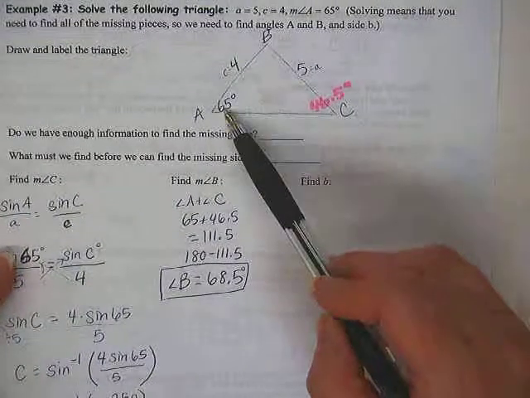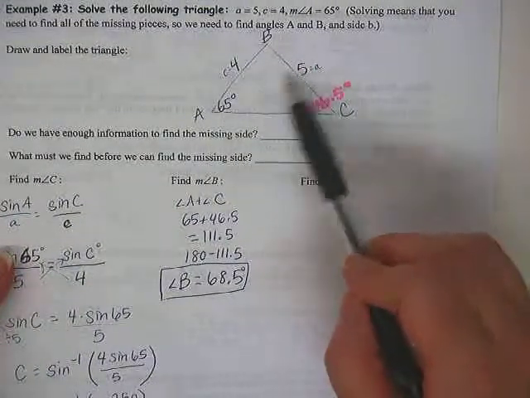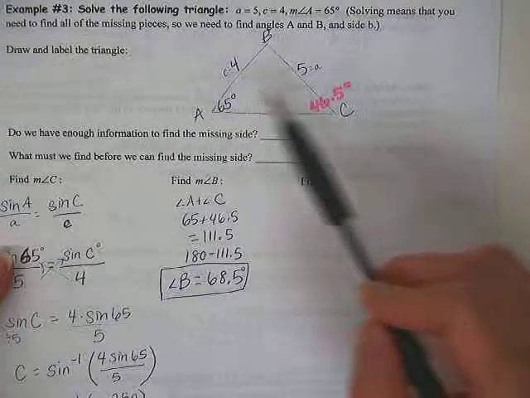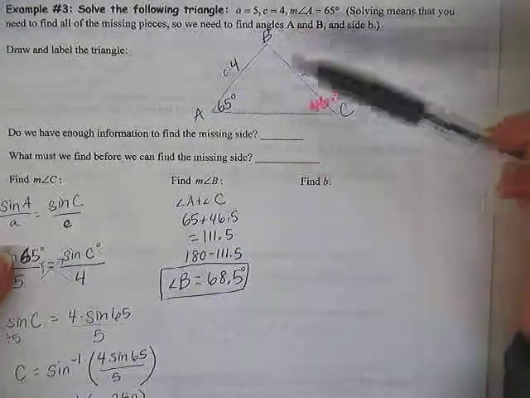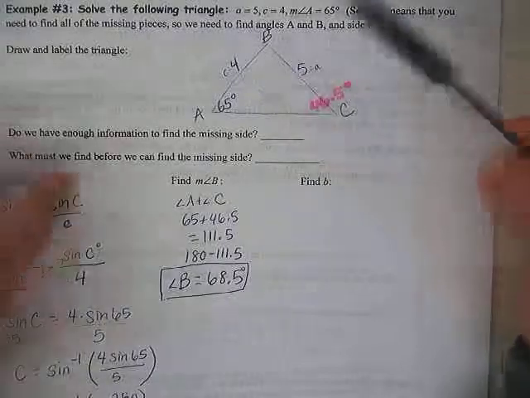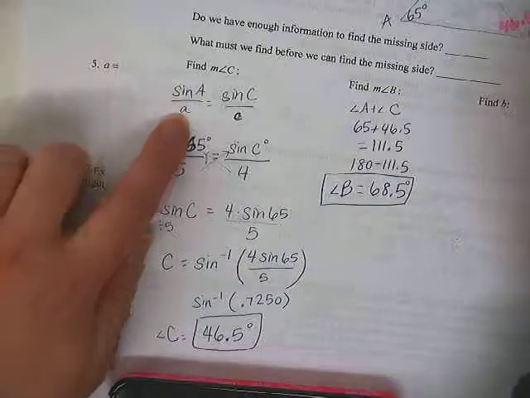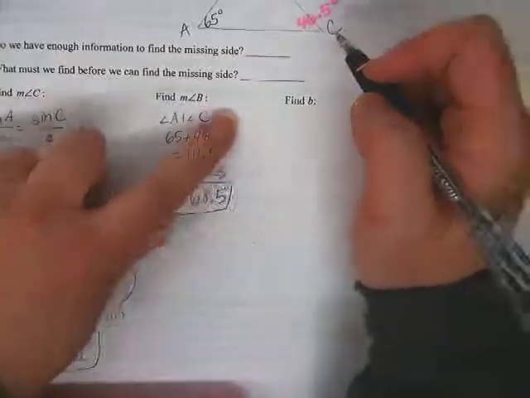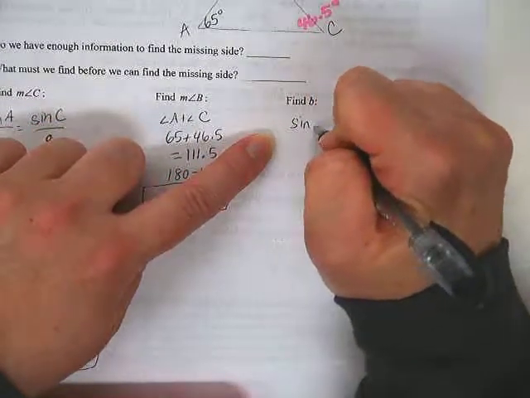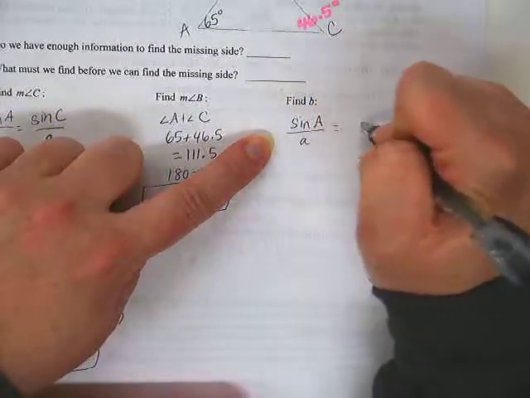That is angle B. Okay. So now that we know angle B, how do we find side B? Make sure you use the information that you started with, which is A's. But this time, instead of solving C's, we're going to solve B's instead.